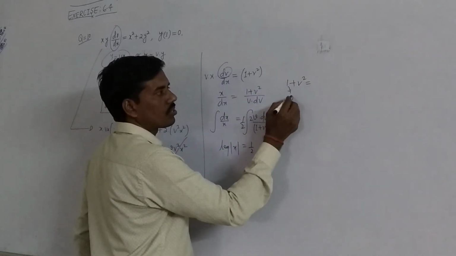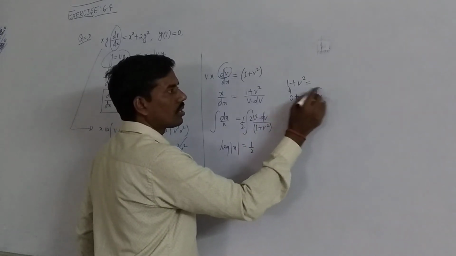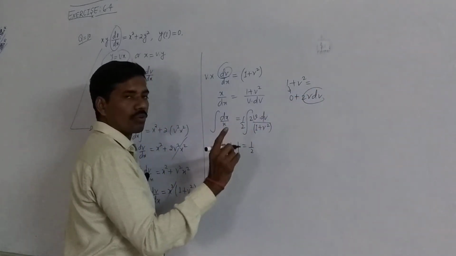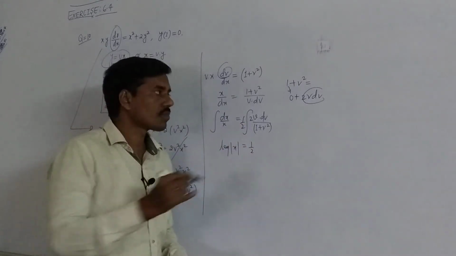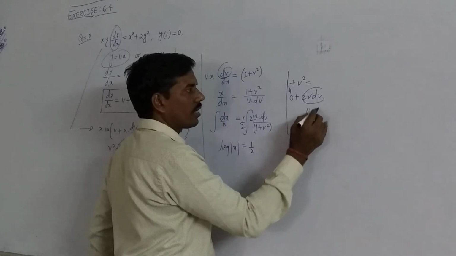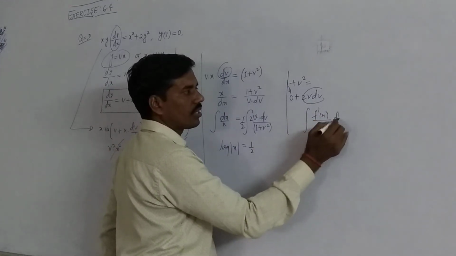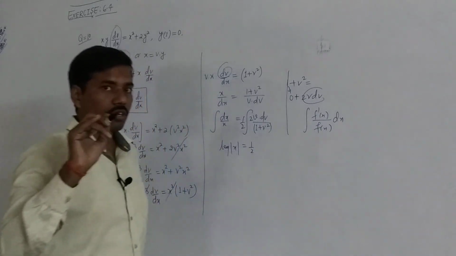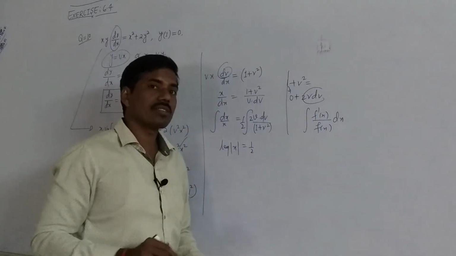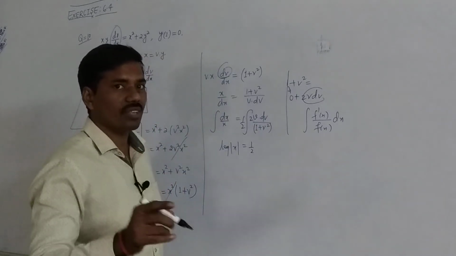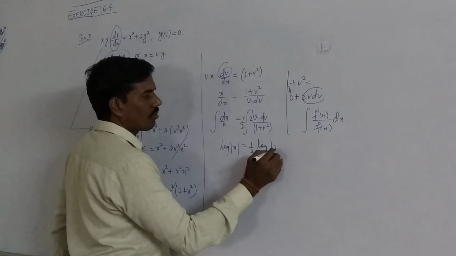Derivative of 1 is 0 and derivative of v square is 2v dv. Okay, so 2v is the derivative of 1 plus v square, means we use integral of f dash x upon f of x dx, that is numerator is the derivative of denominator, then the integral of that fraction is log of mod of f of x, that is log of denominator.